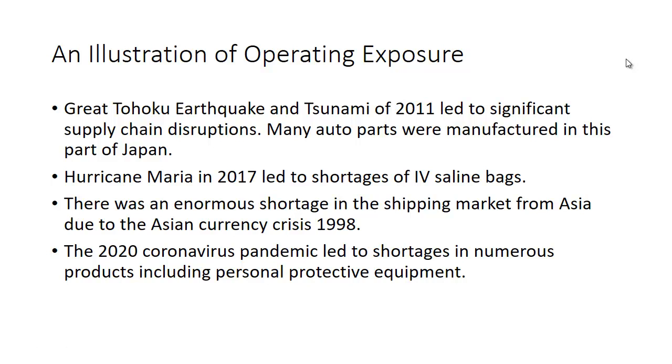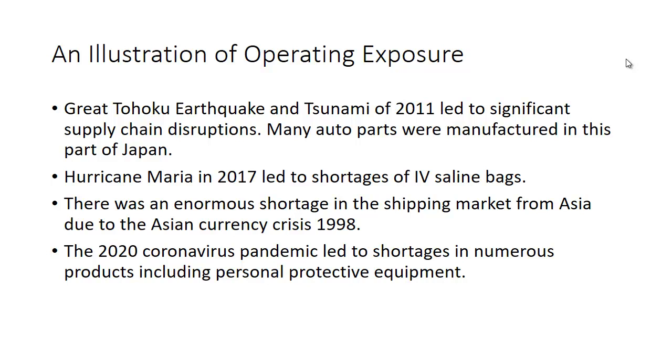In 2011, there was a great earthquake and tsunami in Japan that led to supply chain disruptions. So many auto parts were manufactured in this part of Japan, and it was not possible for auto manufacturers and repair shops to get some of those parts.